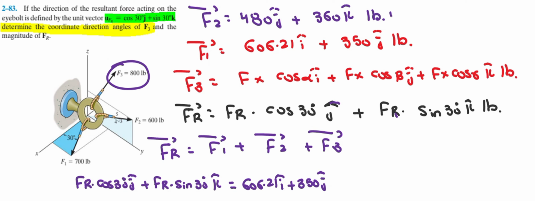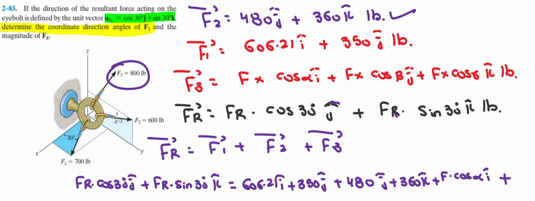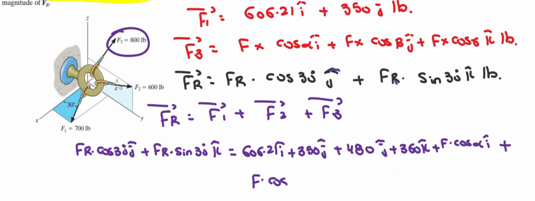The value of F2 is positive 480 j cap with positive sign 360 k cap. And lastly, the value of F3 is written as F dot cos alpha i with positive sign F dot cos beta j with positive sign F dot cos gamma k. This is the value of F3.